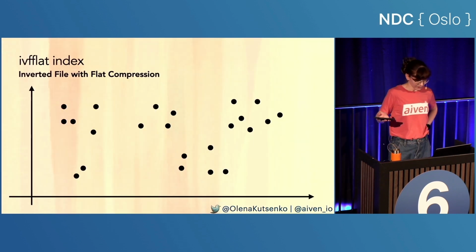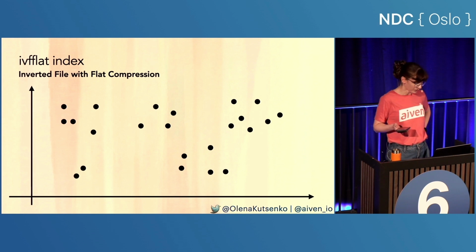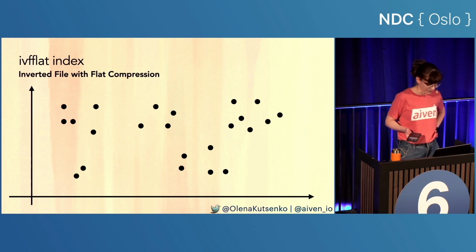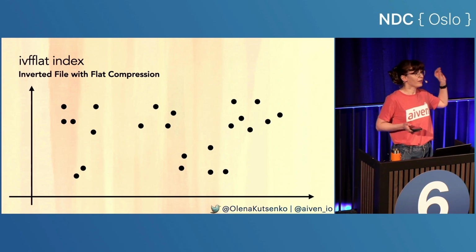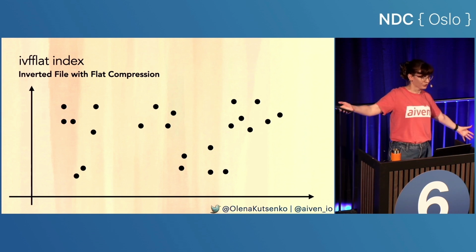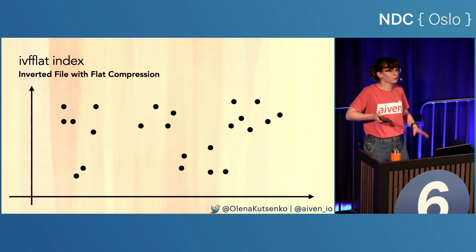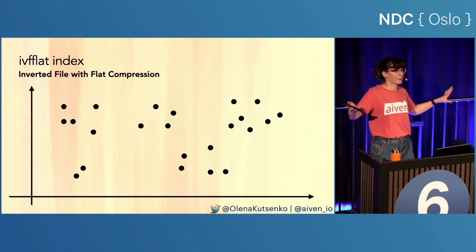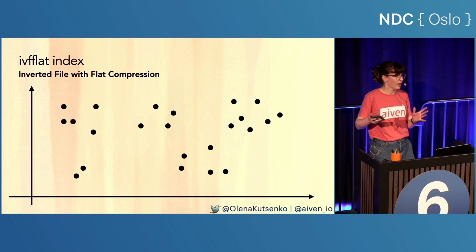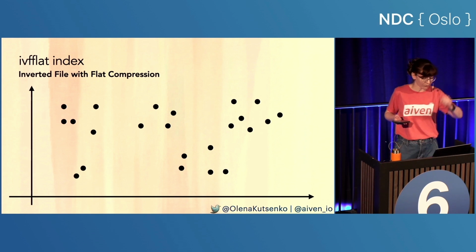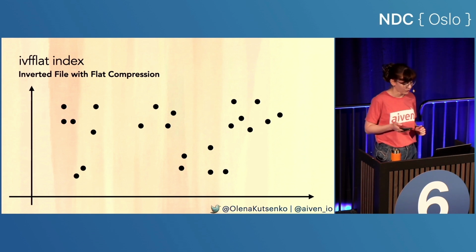The first index is called inverted file with flat compression. Imagine that these points are the points in our multidimensional space. What we want to do is split that multidimensional space into chunks. And how do we do it? We create a number of centroids.